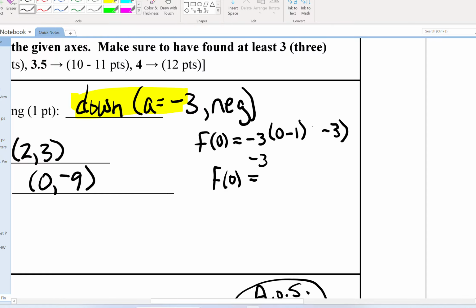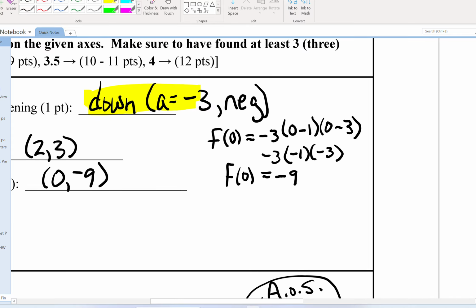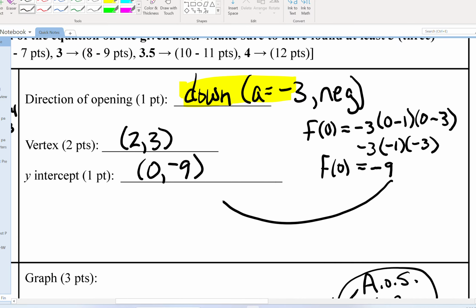So I just put 0 here and 0 here, and that would give me negative 1 here, and 0 minus 3 is negative 3. I've got 3 negatives. If you have an odd number of negatives in a multiplication, your answer is negative. So this is negative. 3 times 1 is positive 3, and then positive 3 times negative 3 would be negative 9. Which, again, same as we got from standard form, but it was much easier to do in standard form.